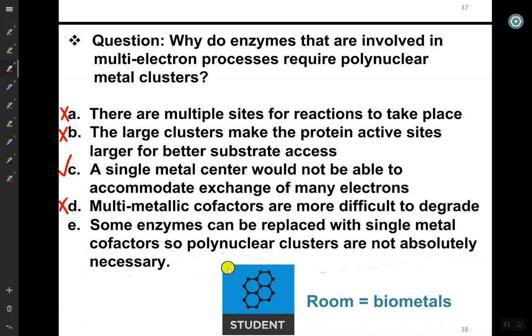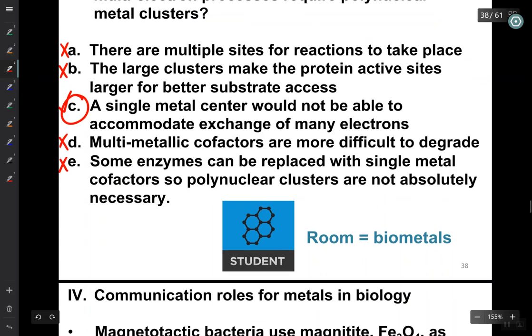To my knowledge, I don't think that this has ever been shown, where you can replace the cofactor from a polynuclear cluster with a single metal complex. So I'd say I'll probably put X through that one. So the best choice here is that multinuclear clusters are necessary because you can extract more than just a couple electrons from that cofactor.